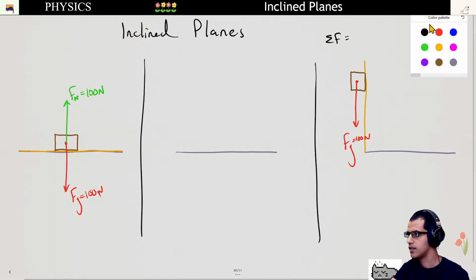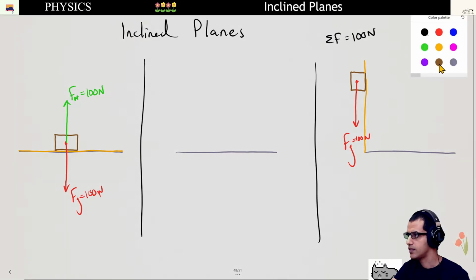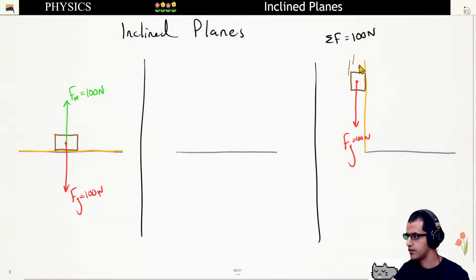And in this case, the net force is 100 newtons. This block is going to have an acceleration due to its net force. This block has a net force of 0 because the force of gravity and the normal force balance each other out.